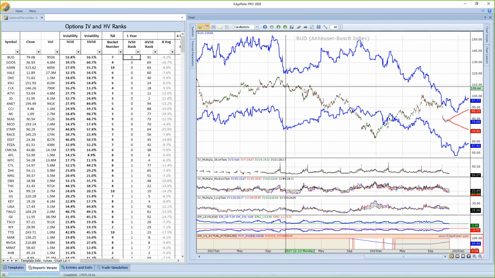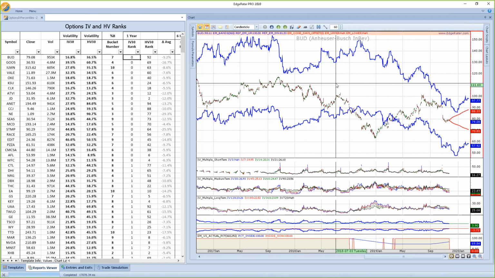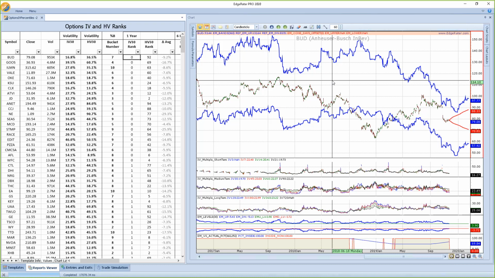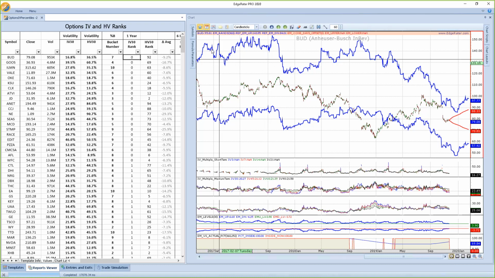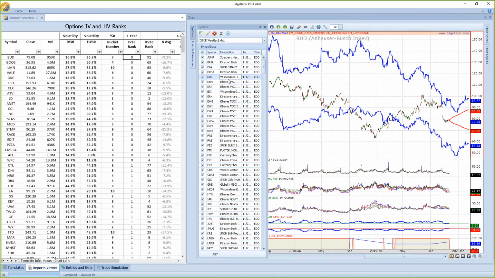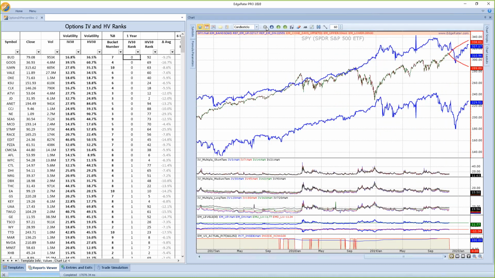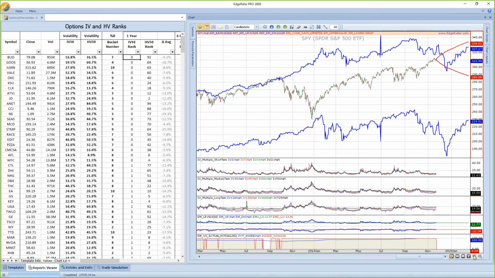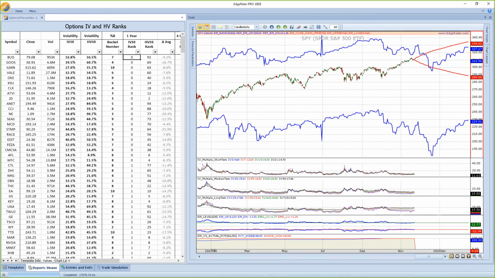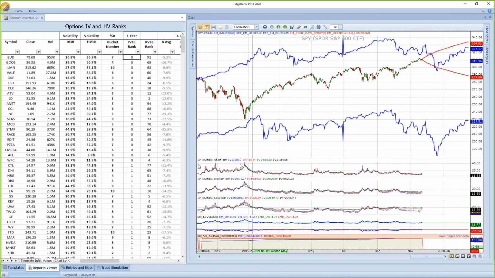One interesting thing is if you're looking at the 1-year period, I found this to be an interesting stat. If we change the symbol over to, let's take a look at SPY. Okay, so now these bands are 1 year in SPY. And if we go back a year, we came from outside the upper expected move level, but that was over a year ago.